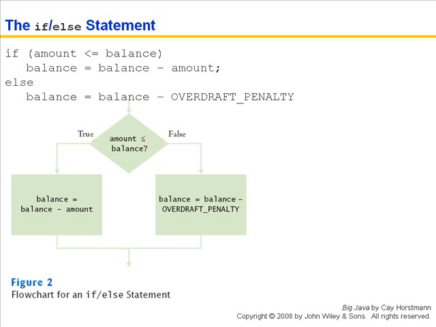So inside the parentheses, the test compares the amount to withdraw with the balance. If the amount is less than or equal to the balance, we will compute the balance by subtracting the amount they want to withdraw. Else, namely if the condition is false, we are going to give them a big fat overdrawn penalty. We're going to deduct that penalty from the balance and then assign that new value back into the balance. You can look at the flow chart.